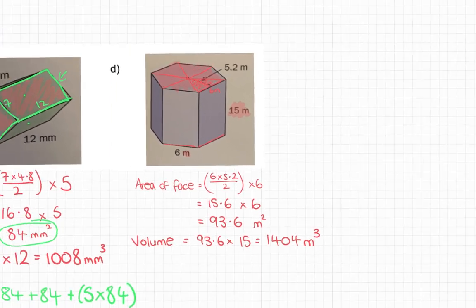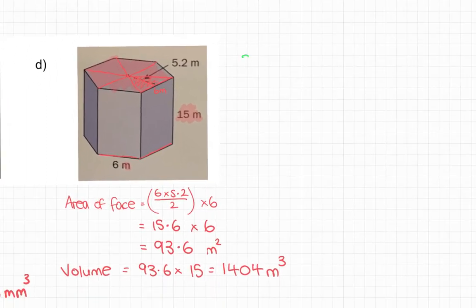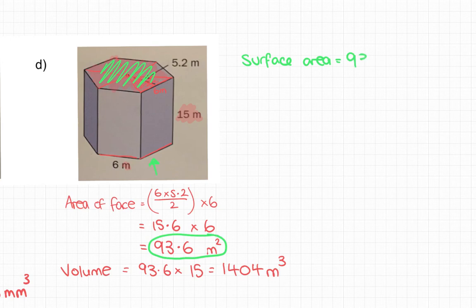Similarly, for the second one, to get my surface area, I just want to add up all of the faces. So this top bit, I'm going to have that one and I'm going to have another one the same on the bottom. And I've already worked that out as 93.6. I've got that plus that again, top and bottom. Each of these sides are all the same and they're all rectangles. And this is 6 meters by 15 meters. So 6 times 15 is 90.